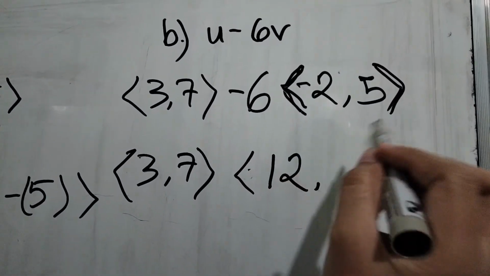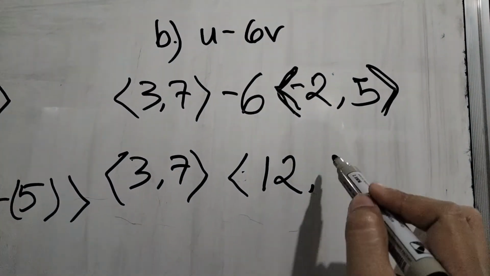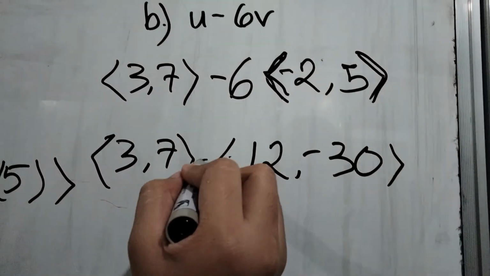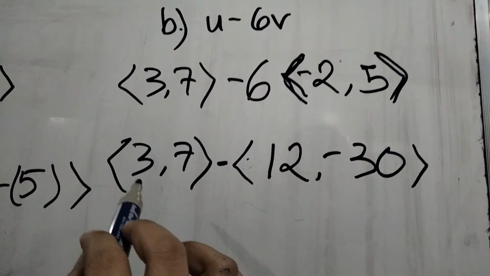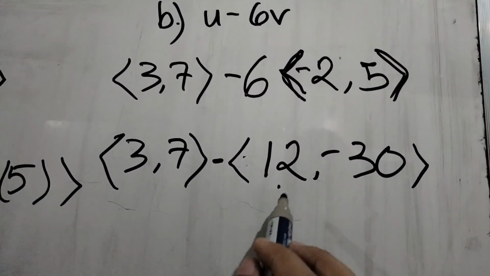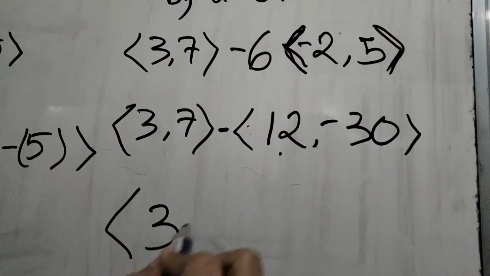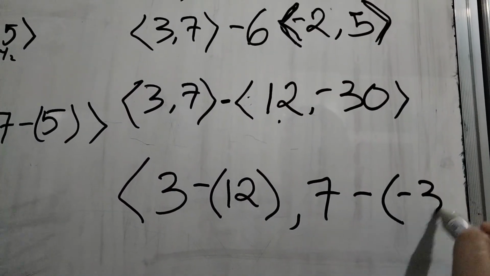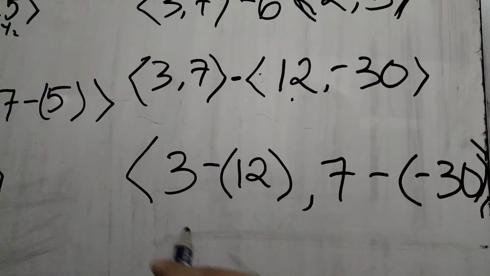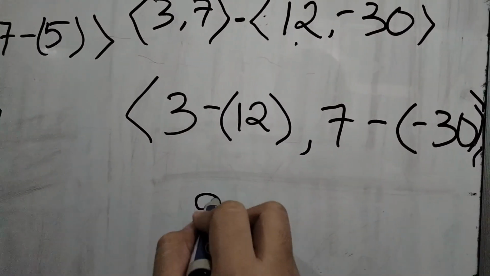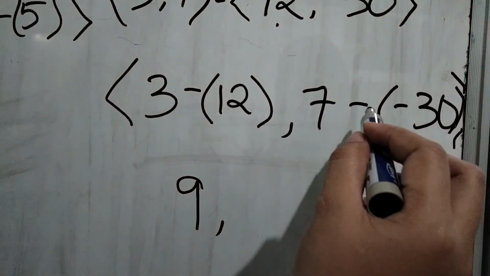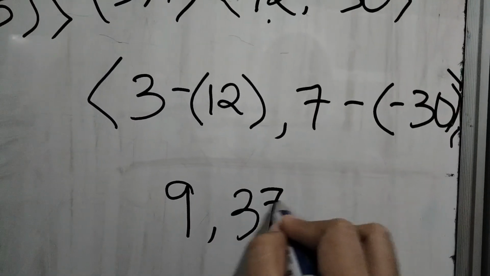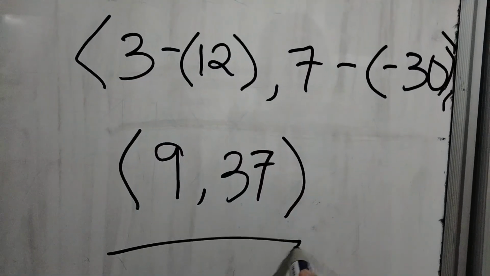Positive 12. Tapos, negative 6 times 5 is negative 30. So, ito, minus. Katulad ng ginawa natin kanina, 3 minus 12, tapos 7 minus negative 30. So, 3 minus 12 is negative 9. Tapos, 7 minus negative 30 is positive 37. So, ito lang siya. That's all.